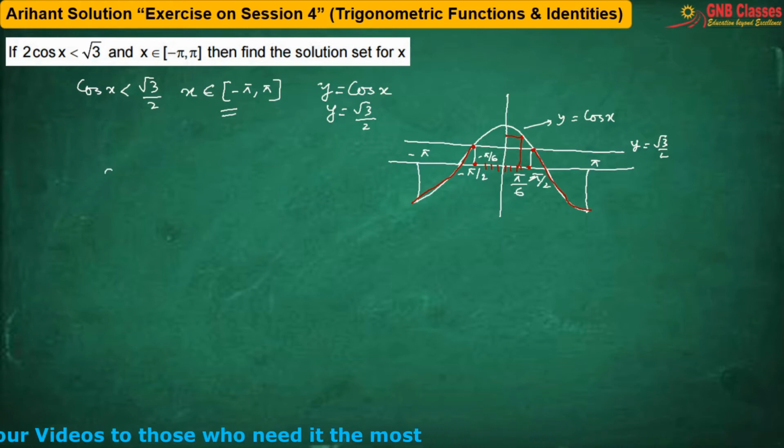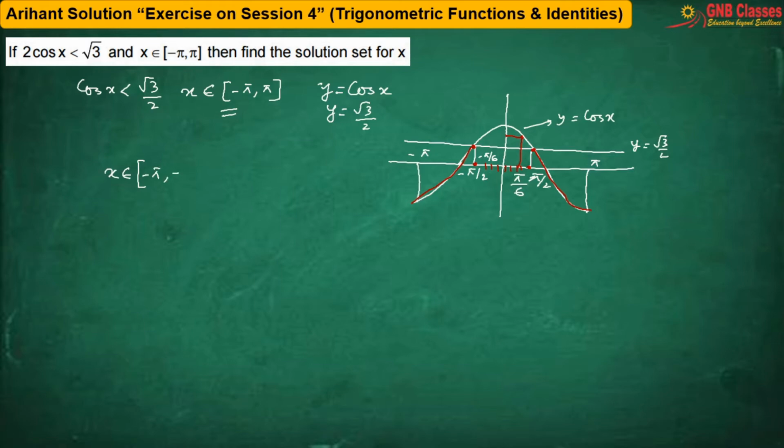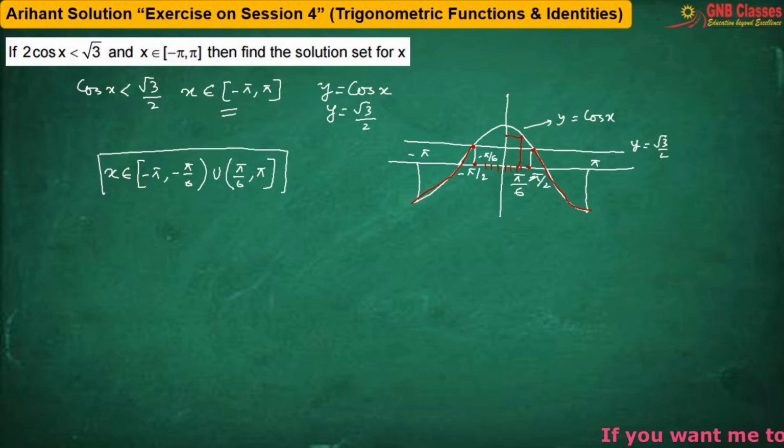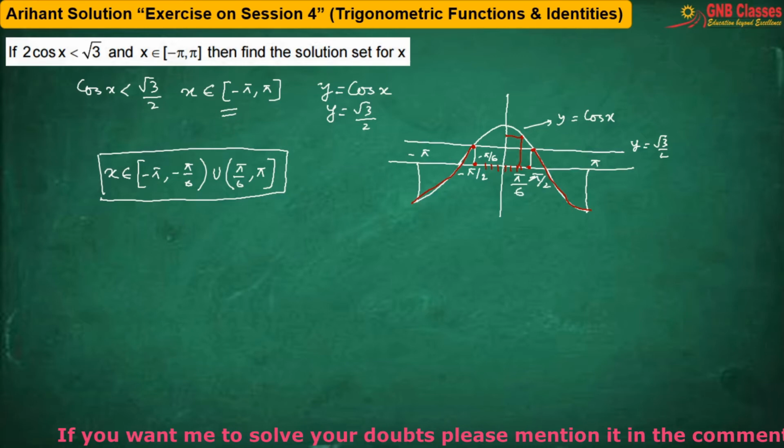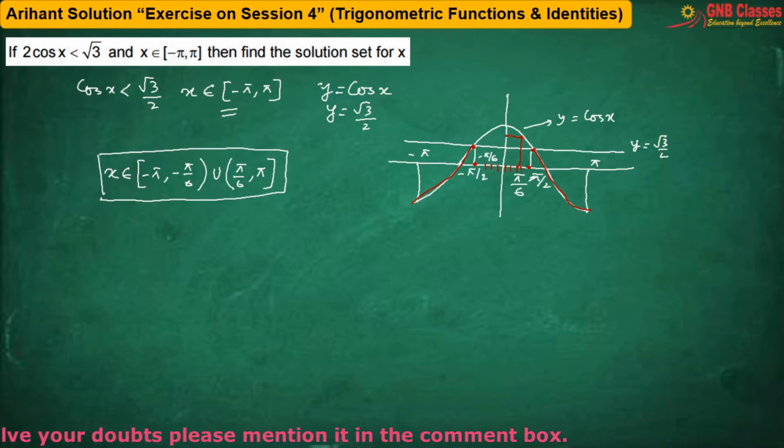Therefore, x belongs to minus pi to minus pi by 6 or pi by 6 to pi. In this region only, you are going to get the values of cos x which will be less than root 3 by 2. Is it clear?